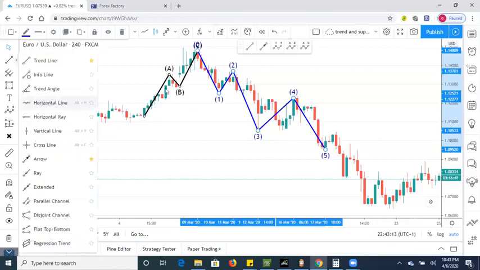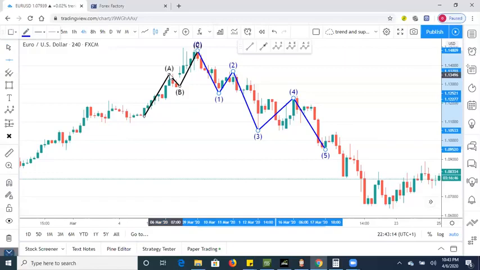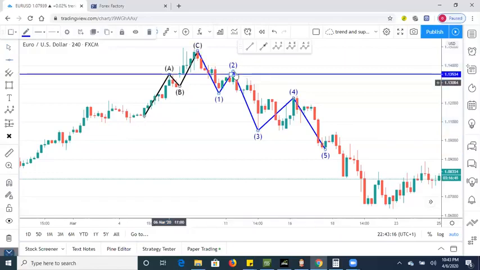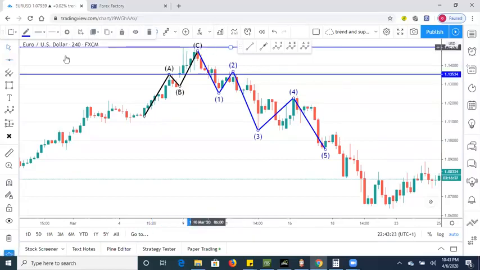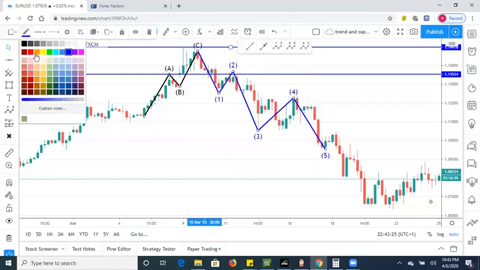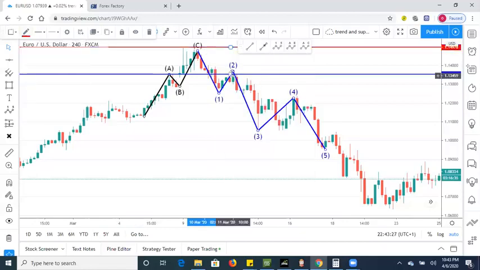So usually what we do is that you have what we call the neckline somewhere at point A, right? So you want to sell at point A with your stop loss somewhere above, somewhere up there at point C. Then you sell off from 2 to 3. That's the head and shoulder pattern.